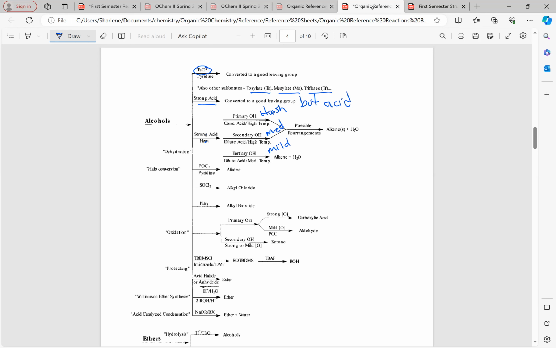Okay. And again, they go through different mechanisms at first. So these two are E1. This one's E2. Oh, E1 goes through a carbocation. Watch out for rearrangements, so forth and so on. But in all cases, you're going to get alkenes and water, okay, because the water is actually going to come off. So let's just do a secondary.